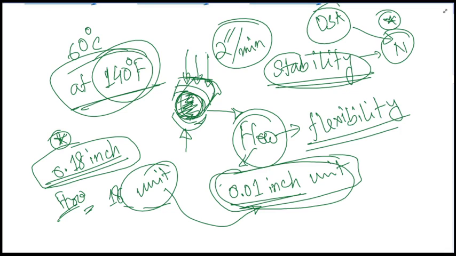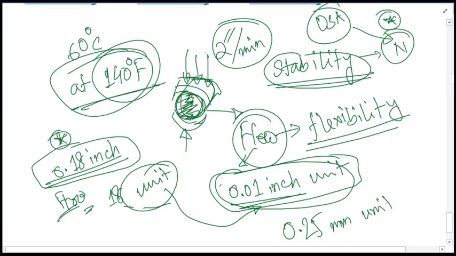Keep these things in mind, that either in millimeter or in inch, whatever you use, you can use for the flow values. It will depend upon which unit you are actually using. So I can say that the flow value we can also use in units of 0.25 millimeter. Also we can say 0.25 millimeter unit can be used for flow value.